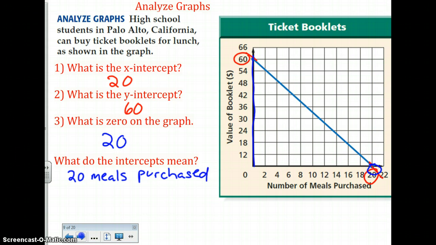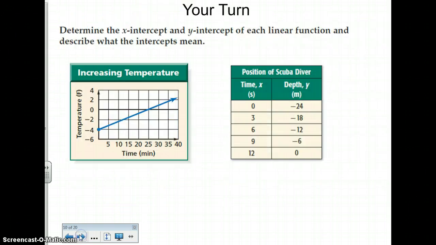The y-intercept tells us that $60 is the cost of a booklet. Okay, and a lot of times we can use the labels on the axes. So here, take a look, try and determine the x-intercept, the y-intercept, and we can go from there. And then take a look at what the intercept means.